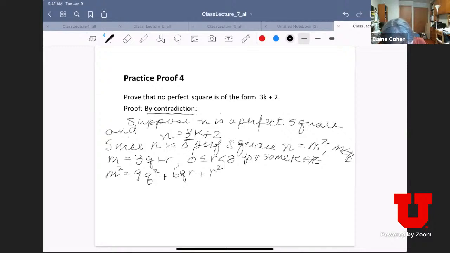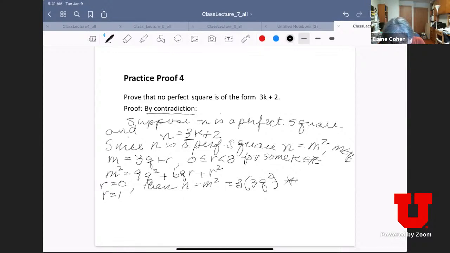So here's the first case, r equals 0. Then n equal to m squared is equal to 3 times 3q squared, which is not equal to 3k plus 2. So that's a contradiction. Can't happen. You have to say those words.